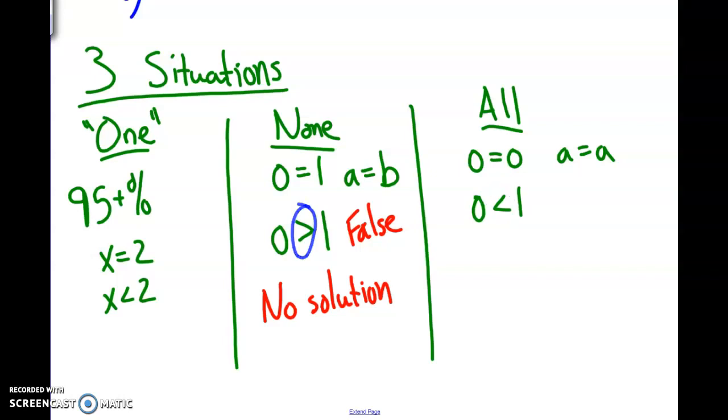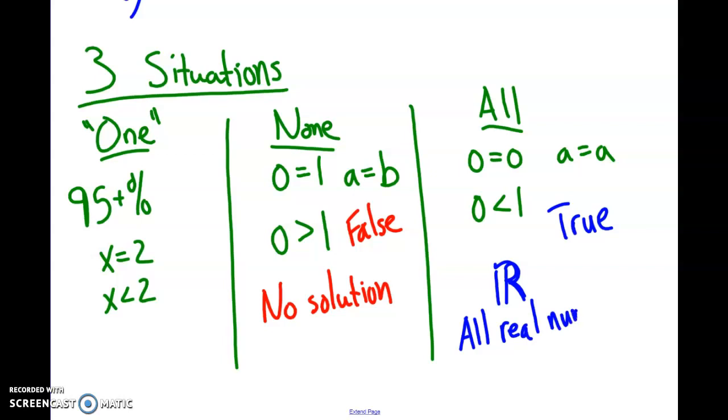Now that we have 0 is less than 1, these are all true statements. 0 less than 1, 0 equals 0. And so this means that our answers are all real numbers. And we use that fancy R for that, because all real numbers can be an awful lot to write. So now let's take a look at some more specific examples with equations and inequalities.